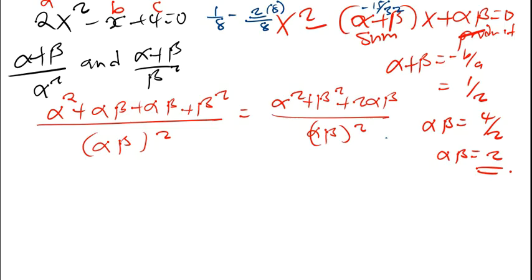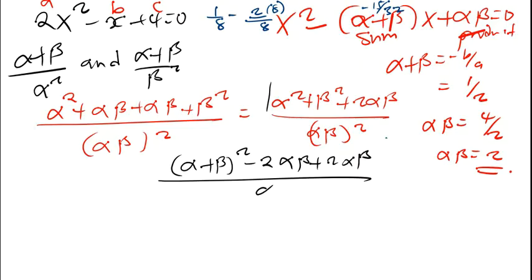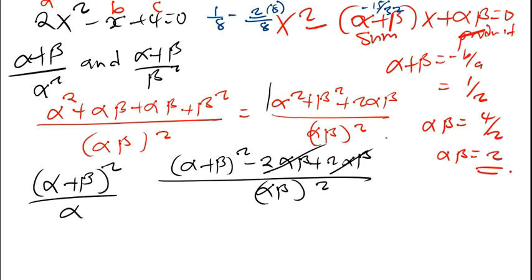Remember, this can be replaced by alpha plus beta raised to the power 2 minus 2 alpha beta plus 2 alpha beta, divided by alpha times beta raised to the power 2. This and this can go, it will be 0. I'll remain with alpha plus beta raised to the power 2 divided by alpha times beta raised to the power 2.